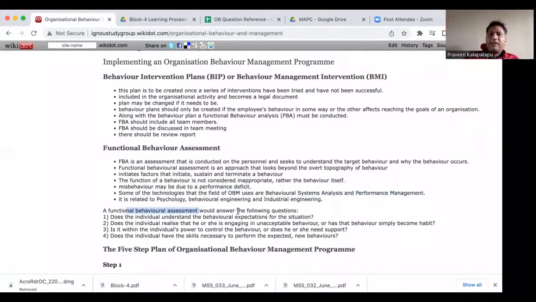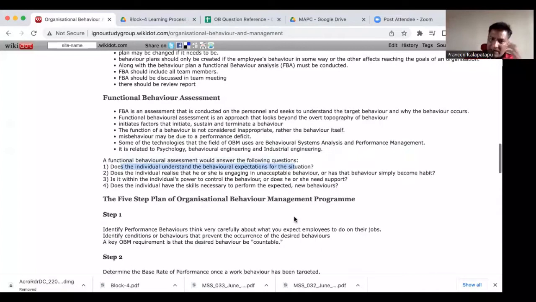Okay, functional behavior assessment would answer the following questions. Does the individual understand the behavioral expectations for the situation? Do they understand, first of all? Do they realize that they are engaged in doing it the wrong way? Do they really get that grasp, right?